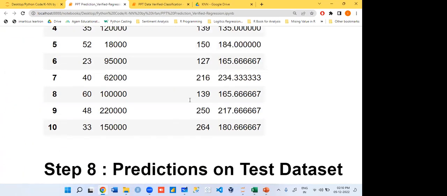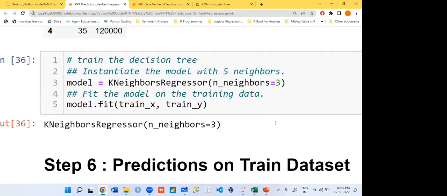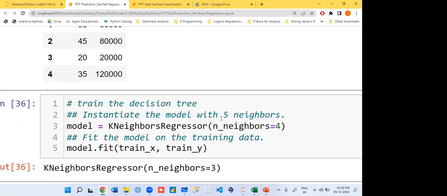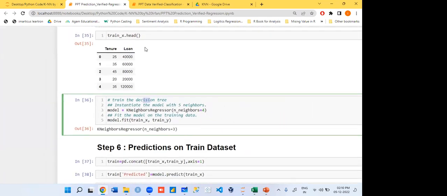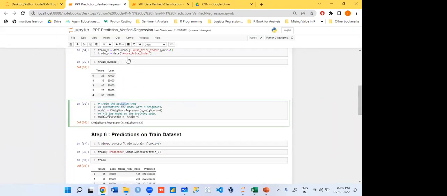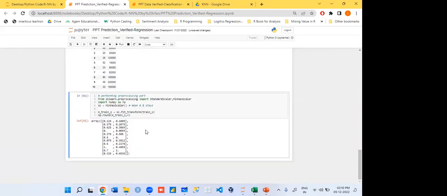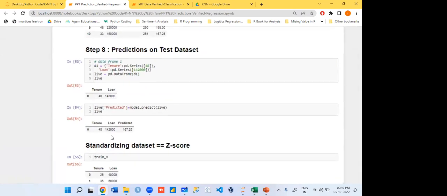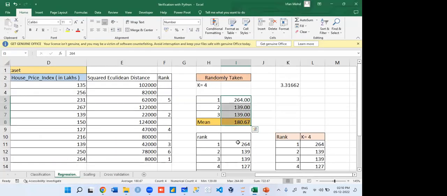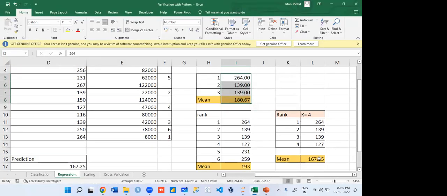Try with K as 4. Take the average of 4 numbers. 4 Y value. $167.25.